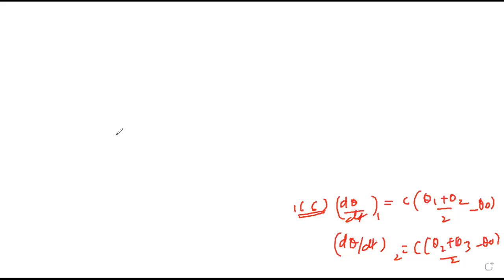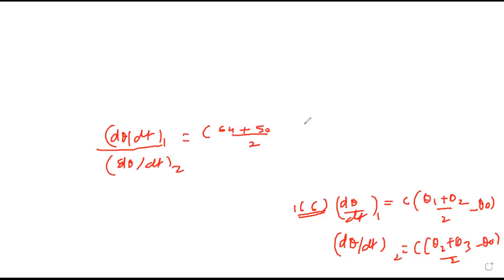So directly I can say this is d theta by dt of first upon d theta by dt of second equals, C will get cancelled. First temperature is 64, second is 50, divide by 2 minus theta 0 we have to calculate.